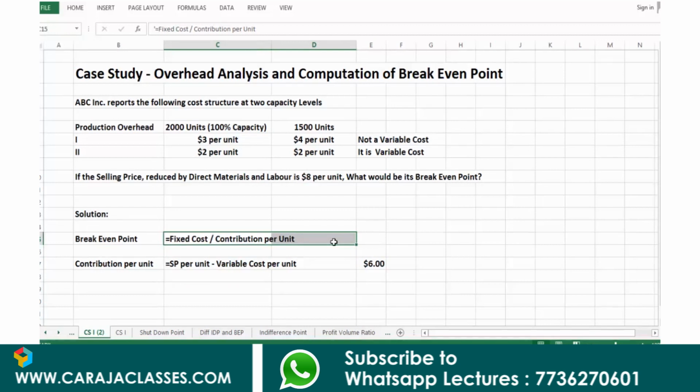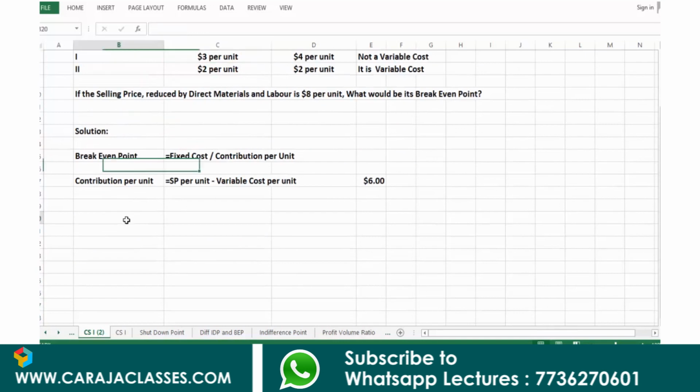So how do you find the fixed cost? Remember, fixed cost in terms of value will be fixed, whatever the changes, but fixed cost per unit will fluctuate. It can either go up or come down. So let's check how it works. Here, your production overhead 1 is $3 per unit. We'll try to find the cost of all this with a small table.